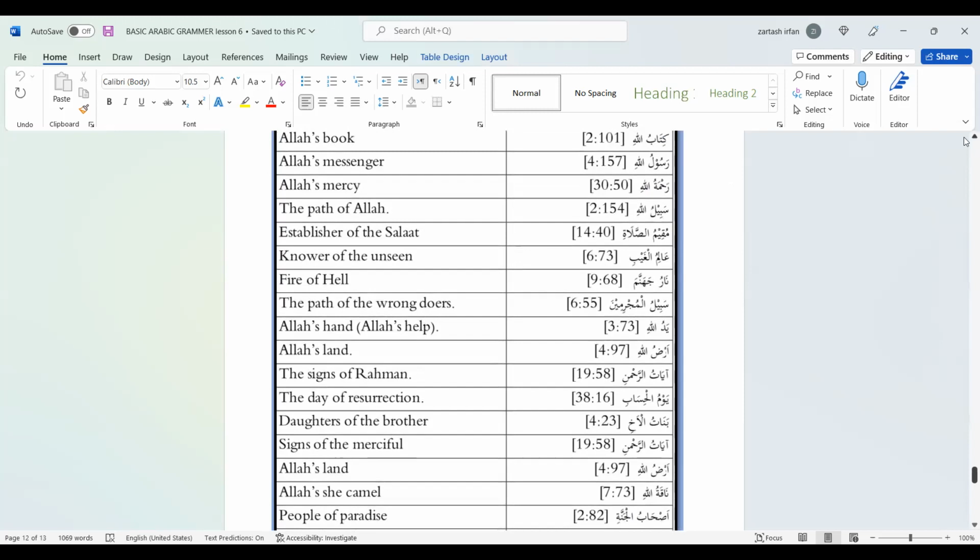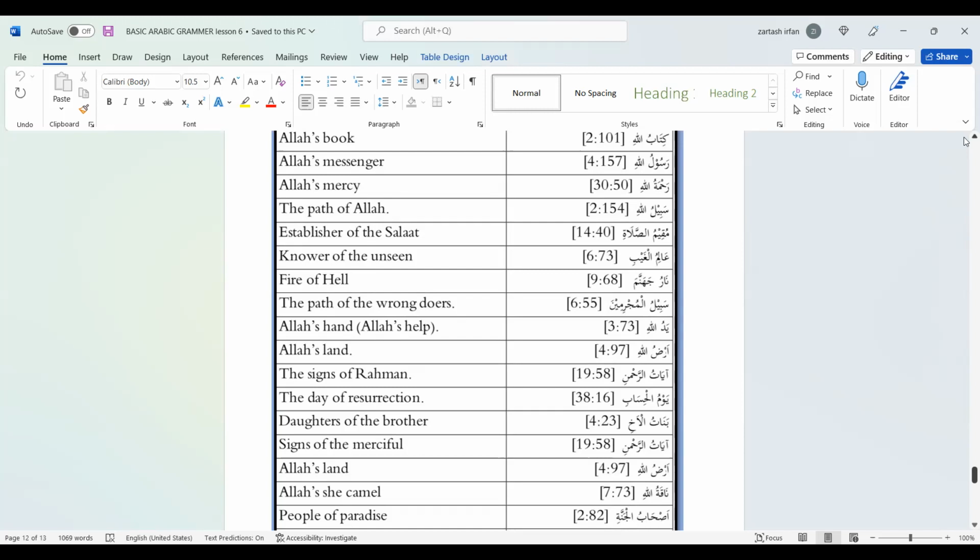Go find them in your Quran, in your Musaf, highlight them, write that this is the Idafa construction, write that this is Ismul Ishara and Mushara Ilayh, write that this is Ism Mosul, and just like that, whatever you are learning, go find out the signs of Ism, find all the feminine nouns and the masculine nouns, whatever you have studied so far with me, just go and do it practically.